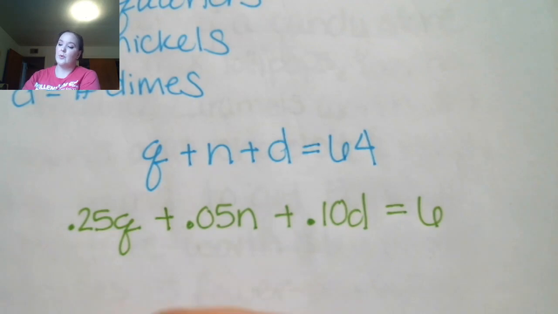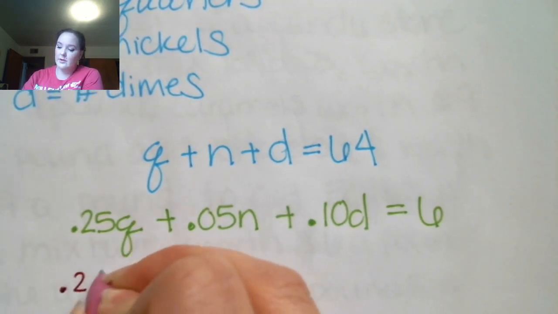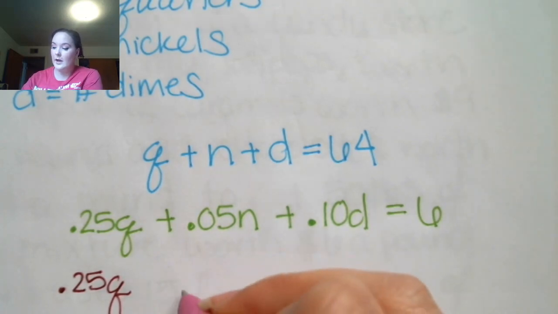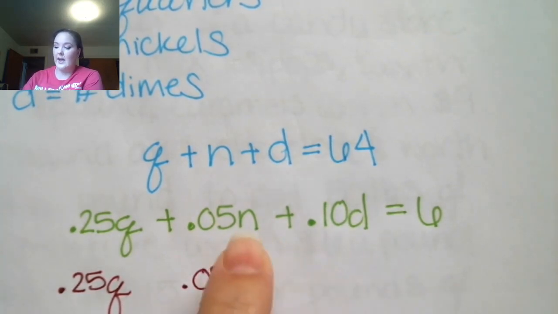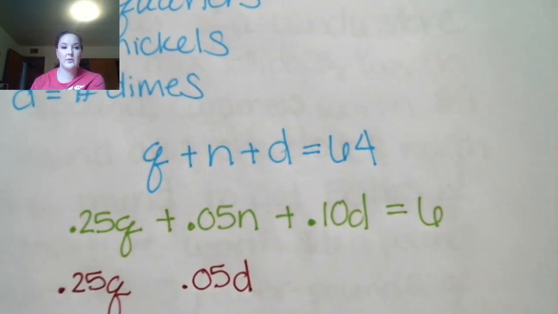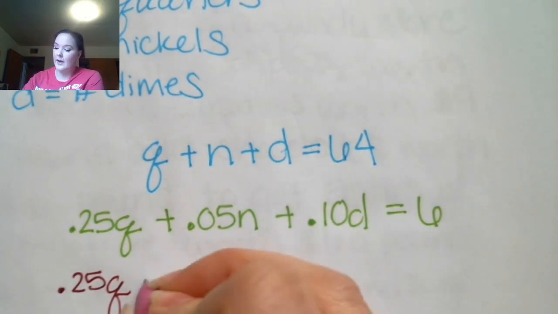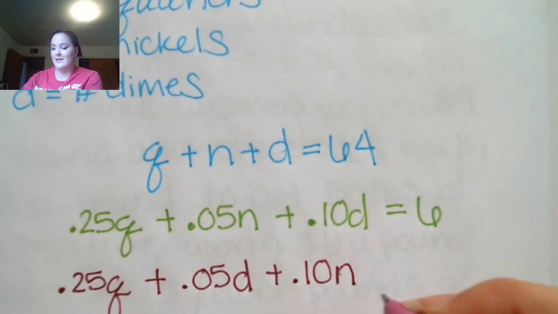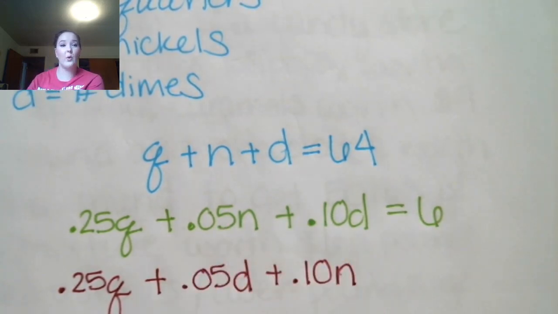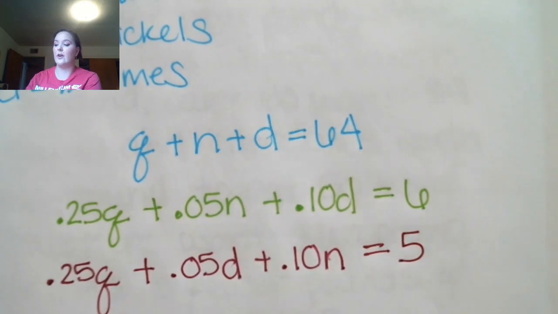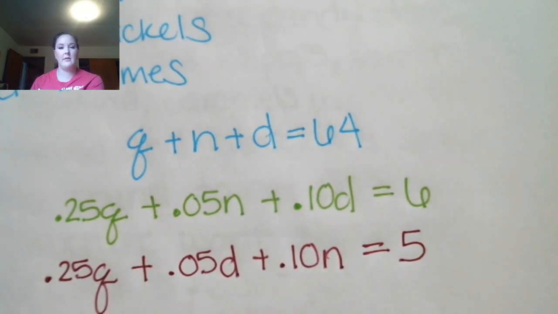So we're having the same number of quarters with the same value, but now, instead of having N nickels, we have D nickels. That's what they're describing. And instead of having D dimes, we have N dimes. The number of coins is switched between the nickels and dimes, and that would be worth $5.